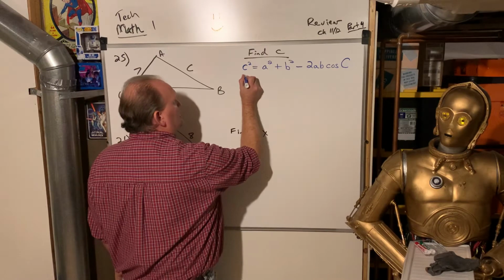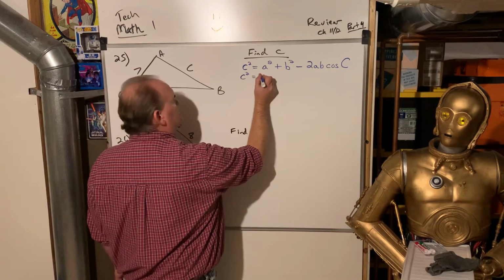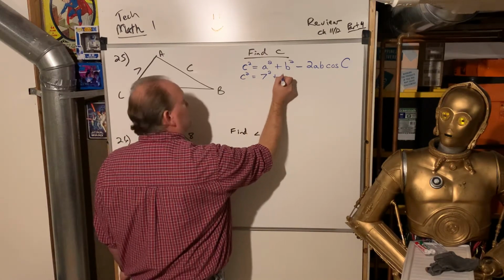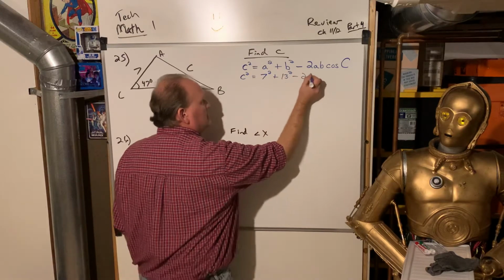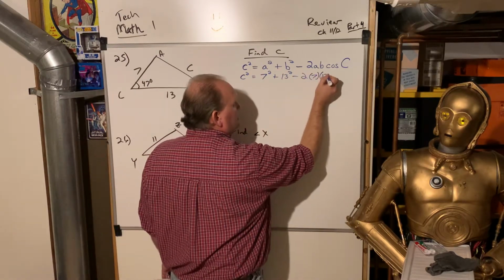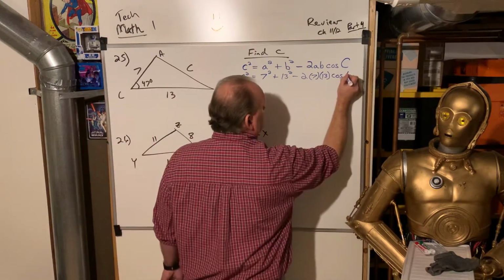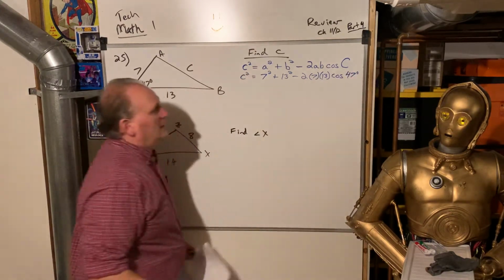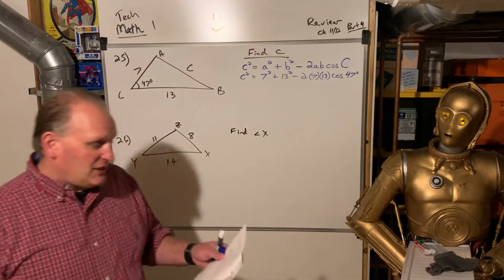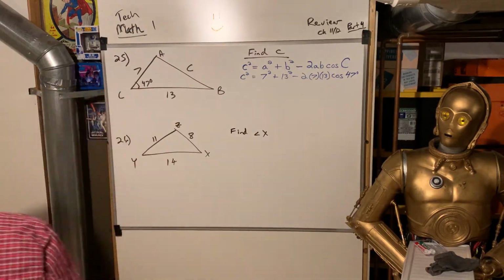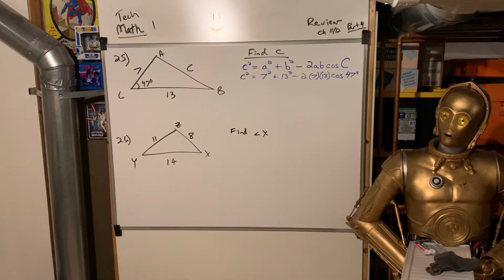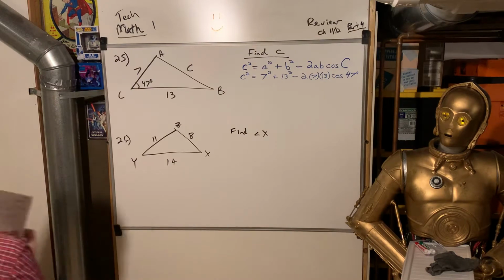So C squared is equal to 7 squared plus 13 squared minus 2 times 7 times 13 times the cosine of 47 degrees. You can type all of that into your calculator in one shot and hit enter.